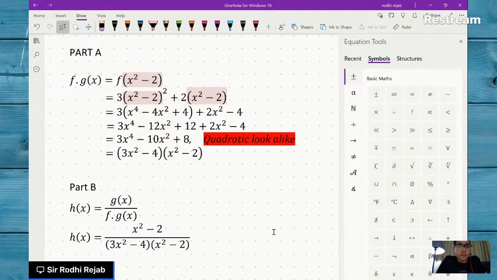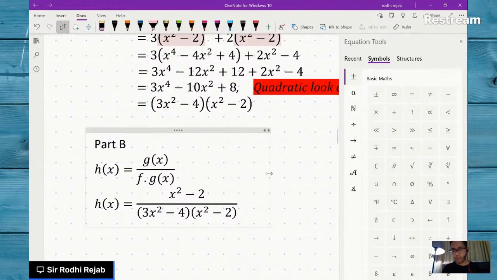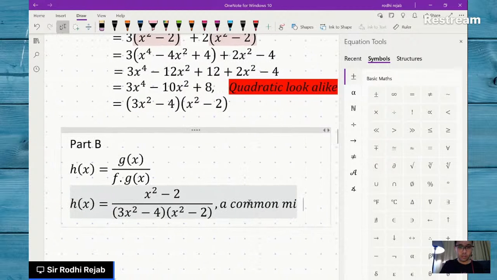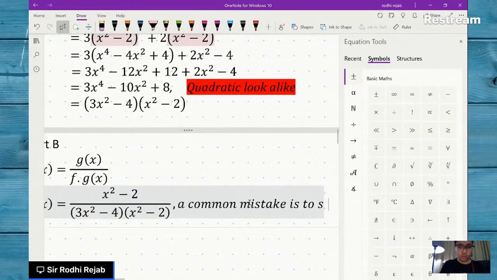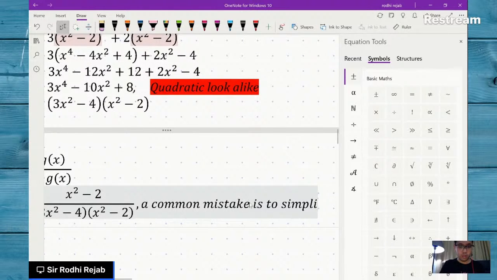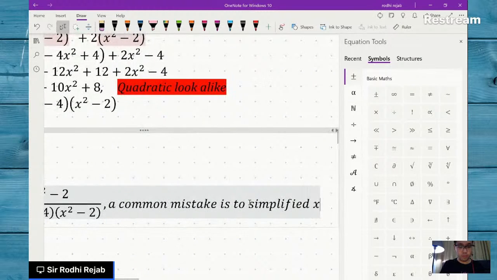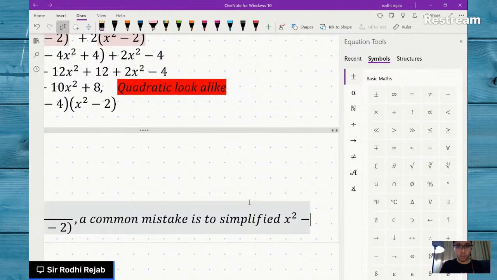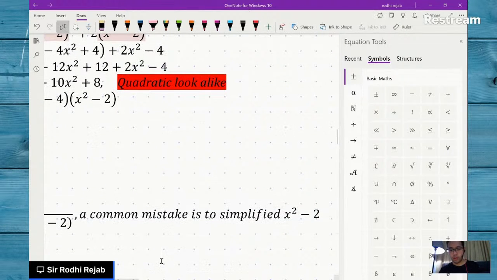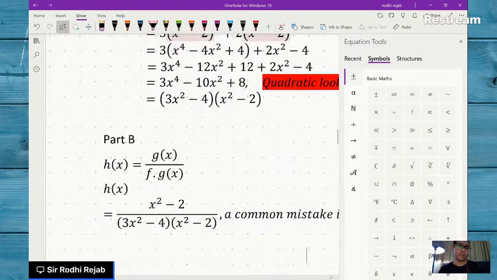Recently, there's a big argument among lecturers about this type of equation. Okay, a common mistake will be to simplify. We cannot simplify it.